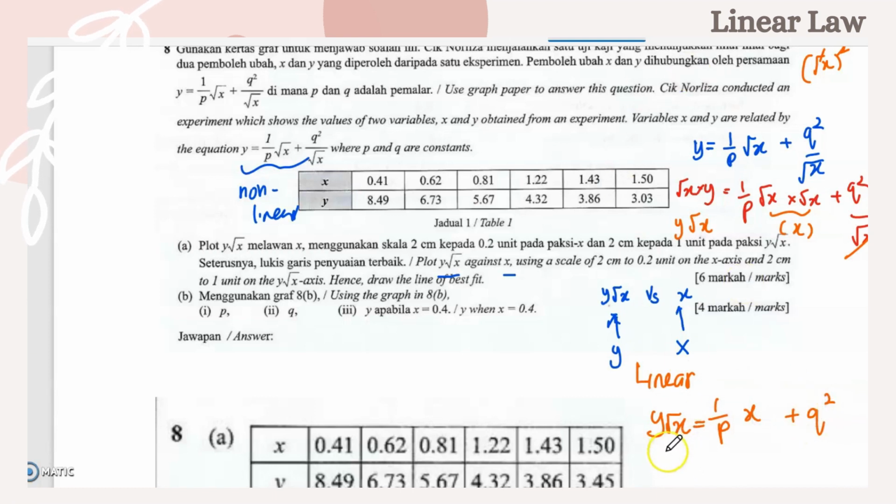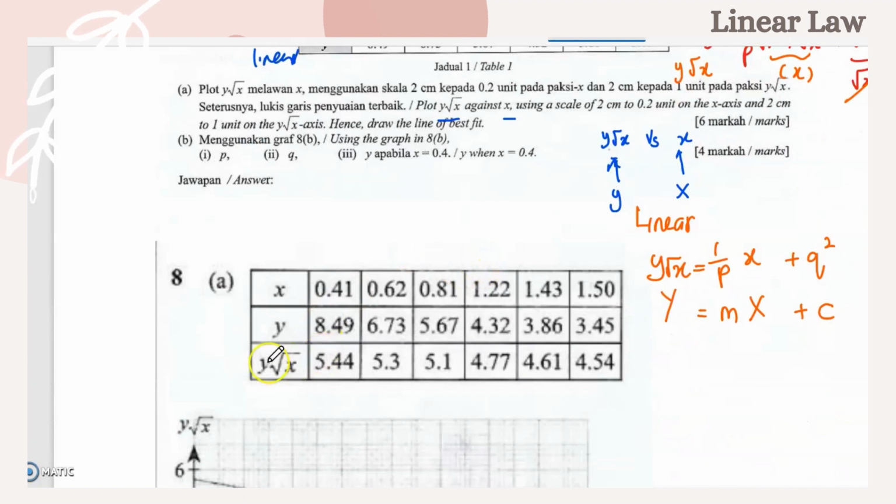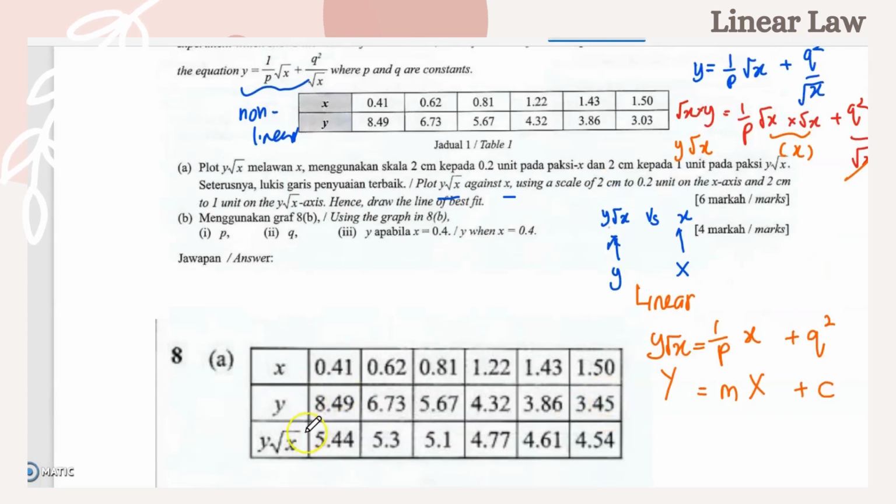Okay, so this one is the y function, and 1 over p is the value for m, which is the gradient, and then x here is for the x function, and plus c, which is equal to q square. c is the y-intercept. So plot the graph. You have to plot the graph of y square root of x against x. Make sure that you calculate for each value.